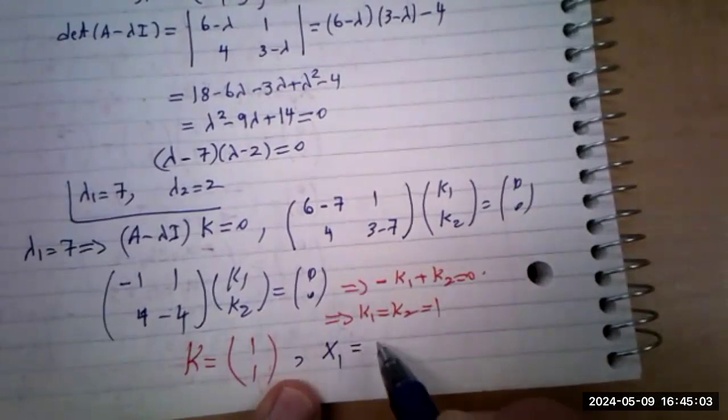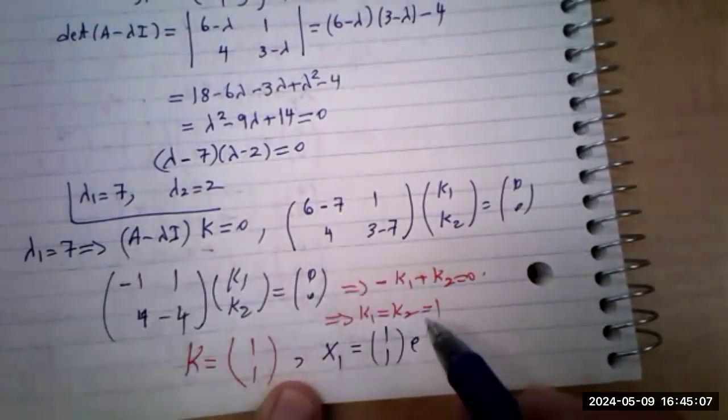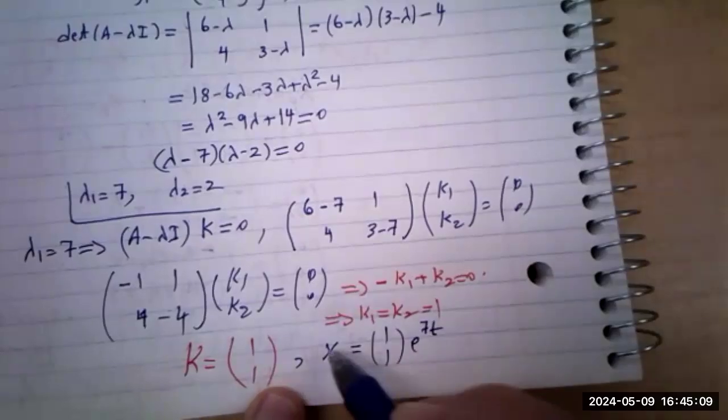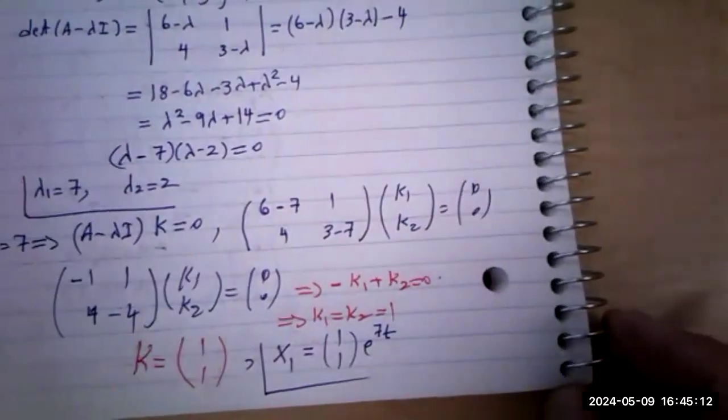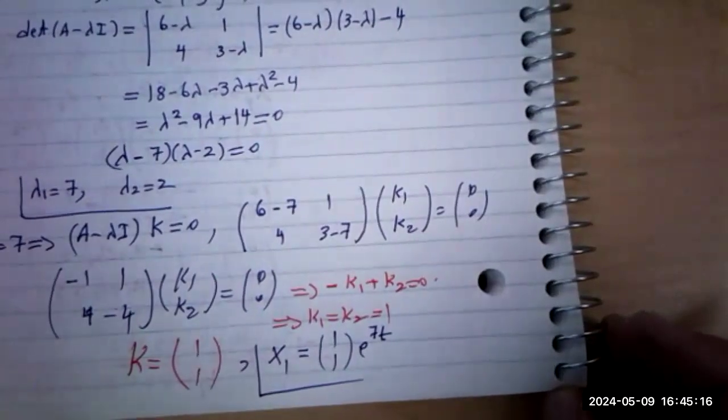Your X1 is going to be 1, 1 times e to the 7t. That's going to be your first particular solution of the homogeneous one. Any questions? Repeat it again for lambda equal to 2.